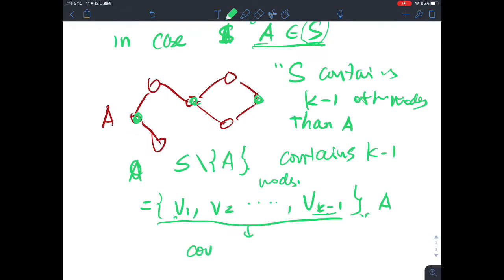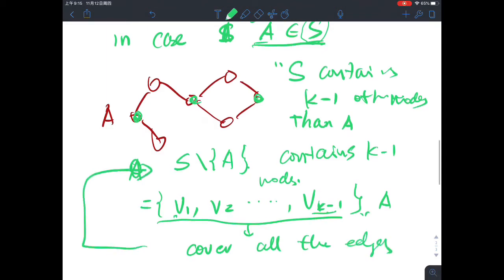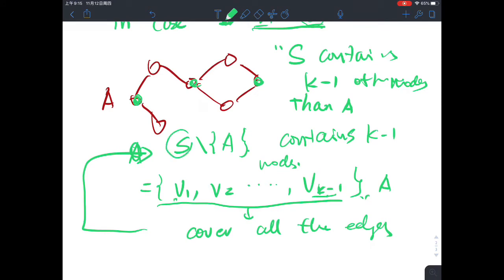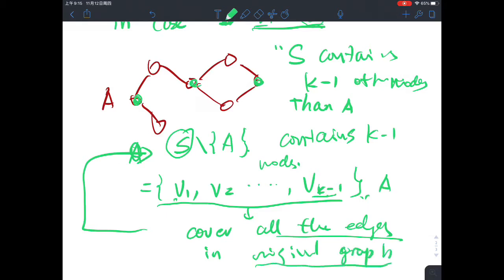This needs to cover all the edges because of the definition that S is a vertex cover of all the edges in the original graph. Because we now are talking about two graphs, let's be very specific: by definition, S itself covers all the edges.